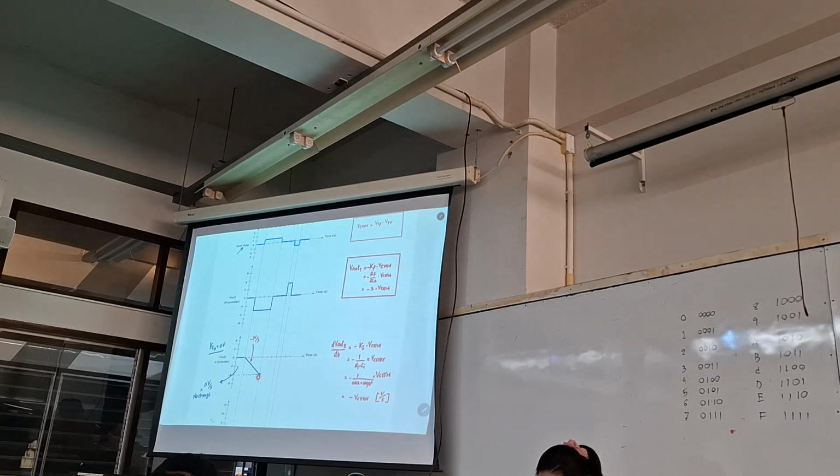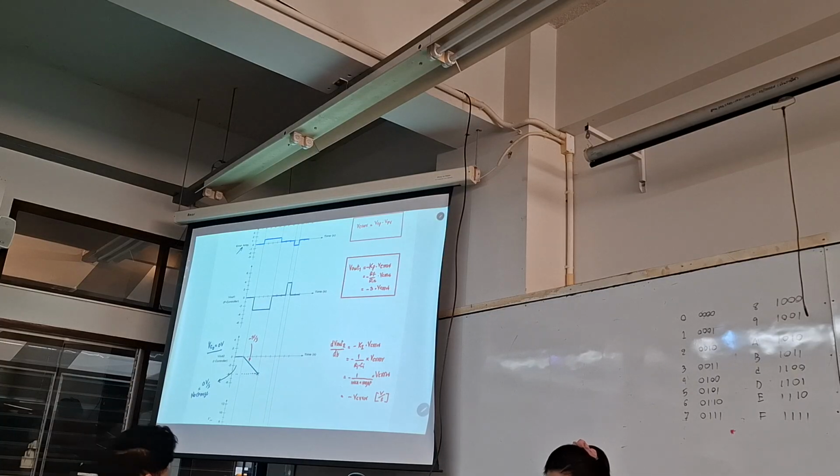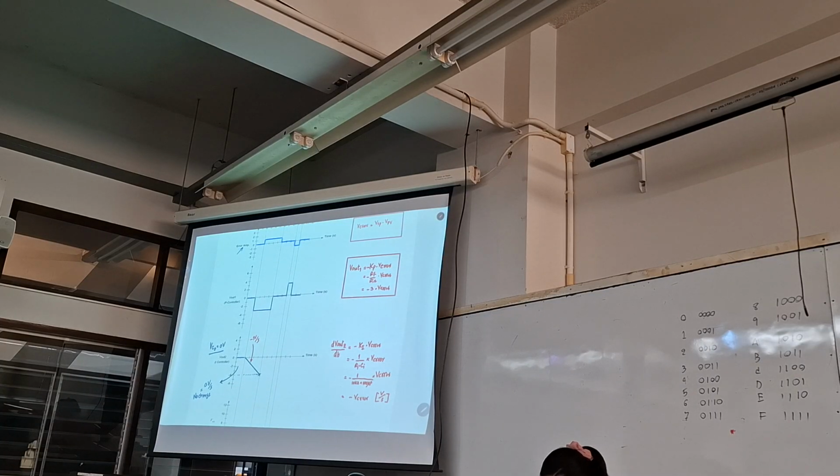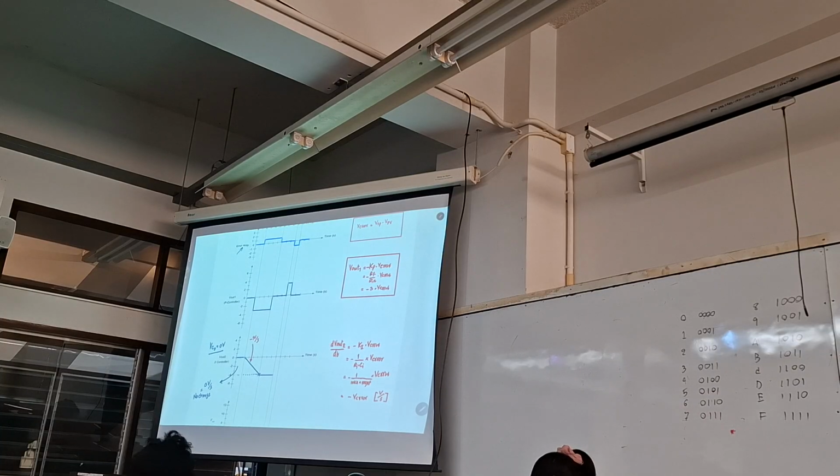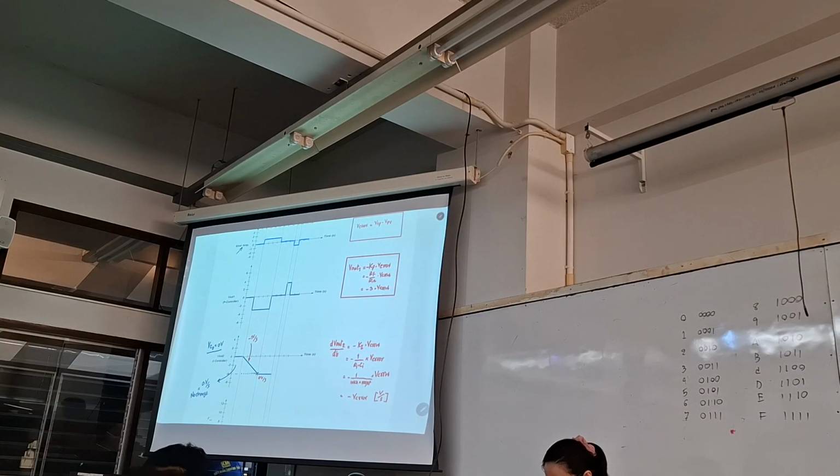And the output from the previous second is at minus 4. So you will continue to have minus 4 for the whole section here. And this is the meaning of 0 volt per second.